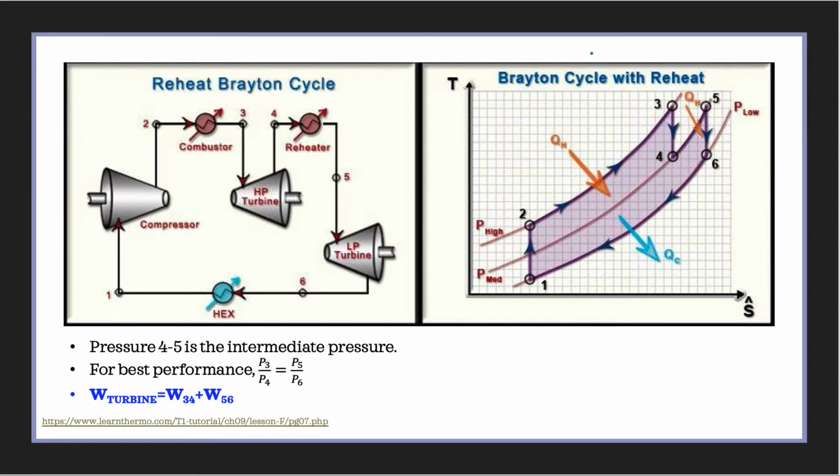First, W34, which is the work of the turbine for the HPT, and next is the work of the turbine of the LPT, W56. W34 plus W56 equals Cp (T3 minus T4) plus Cp (T5 minus T6).